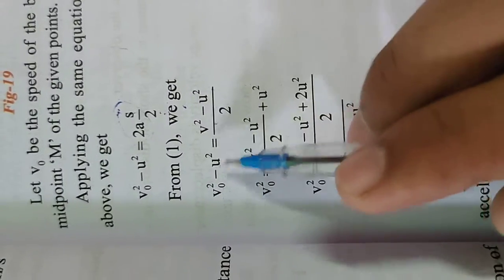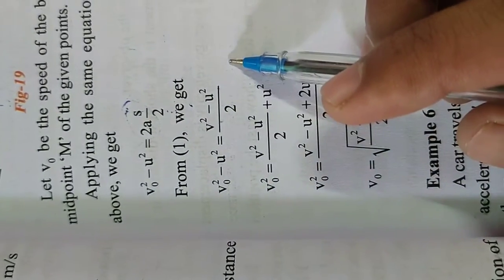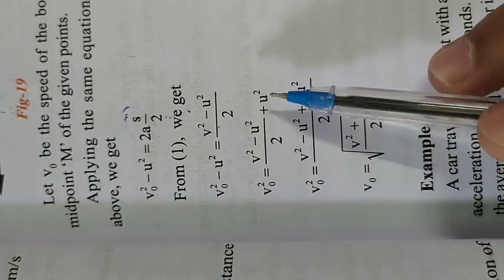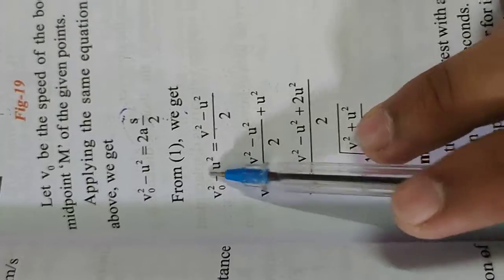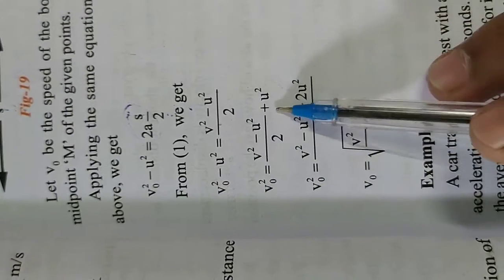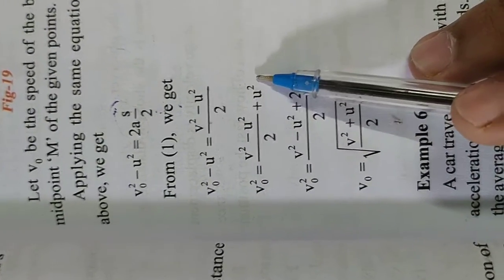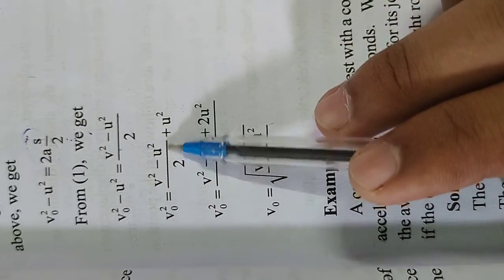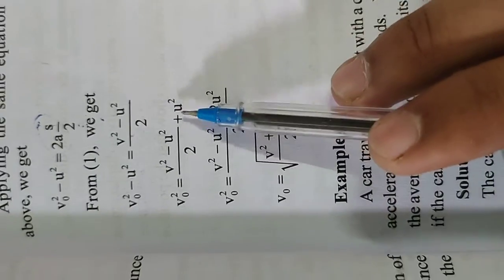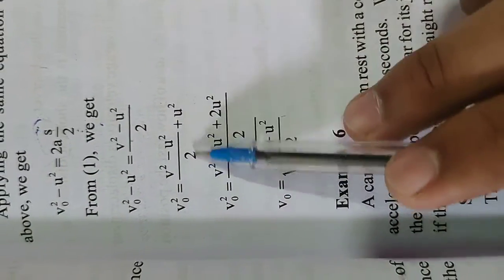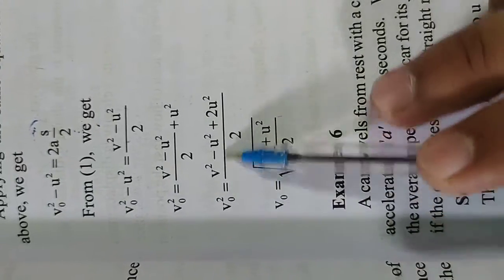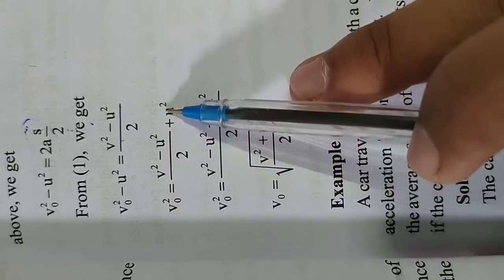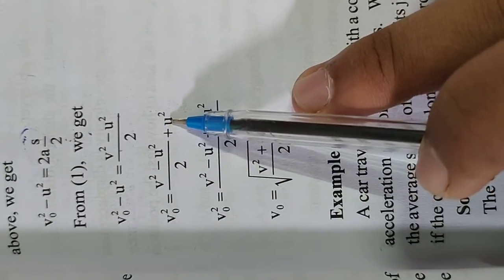So I am transferring this u to the right hand side. V square minus u square by 2, it is minus here; if it goes to the right side, it will be plus u square. Now let's take a common denominator. I multiply with 2 so that I get a common denominator throughout.